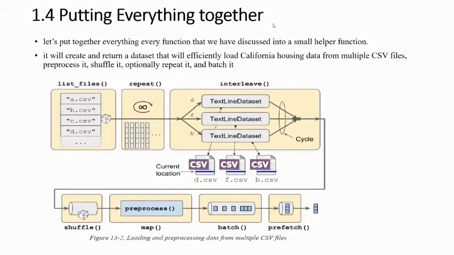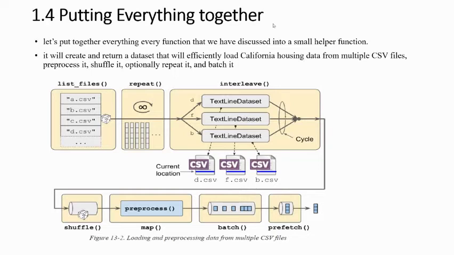Let's understand the fourth subsection in the data API, that is putting everything together. In the previous subsection, we have seen the different methods being used, such as repeat, batch, shuffle, map, list files, interleave.